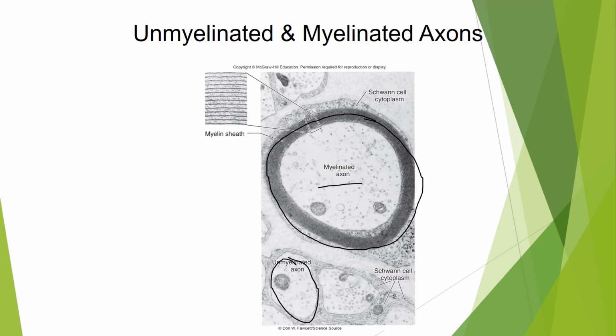But even unmyelinated axons in the peripheral nervous system have some neurolemma, but they lack multiple wrappings around them to create that myelin sheath. So the purpose of having myelin is to conduct impulses very rapidly. So within the central nervous system, we have myelin sheath, but not neurolemma because we don't have Schwann cells, so it's a little bit different.